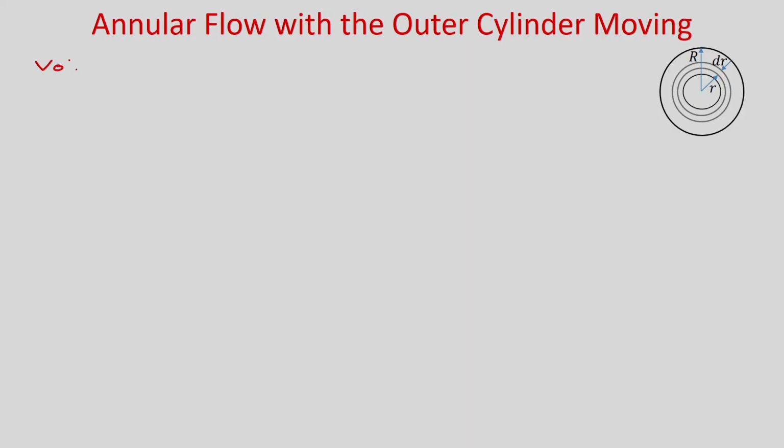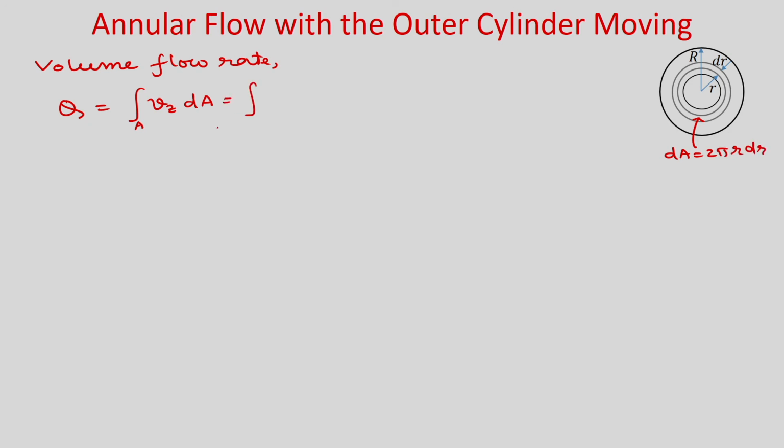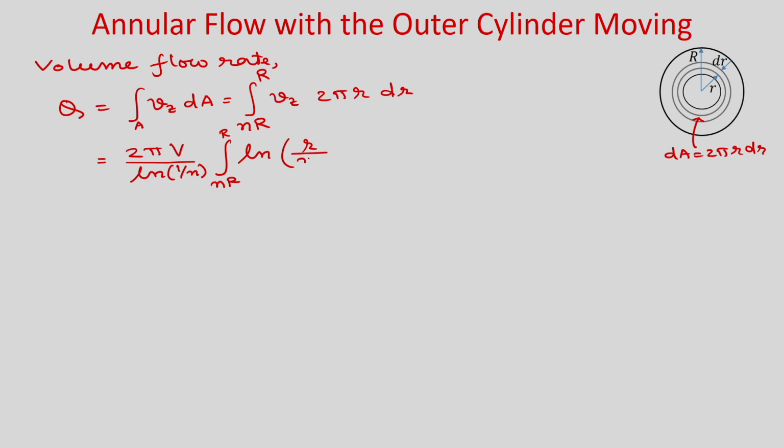The volume flow rate q you can find as the area integral of vz dA, and in this case dA will be 2 pi r dr. So it will be the integral from nR to R of vz 2 pi r dr. Now you put the expression of vz here and take the constants outside the integral, then you can write 2 pi v divided by ln 1 by n, integral from nR to R of ln r by nR times r dr.